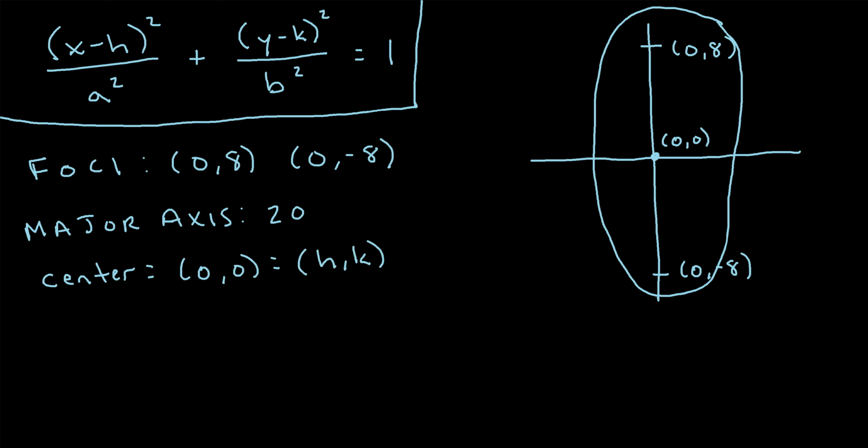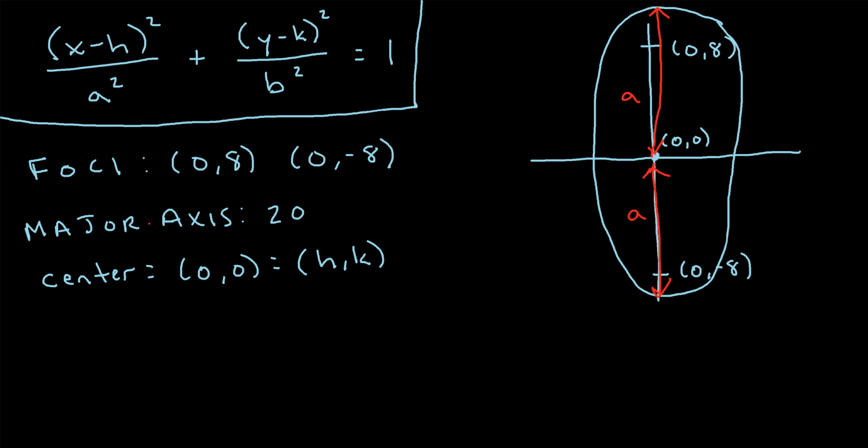So now we need to figure out what is a squared and what is b squared. Well, a is the distance from the center to each vertex. So the center all the way out to the vertex, that's a. And the center to this vertex is also going to be a.